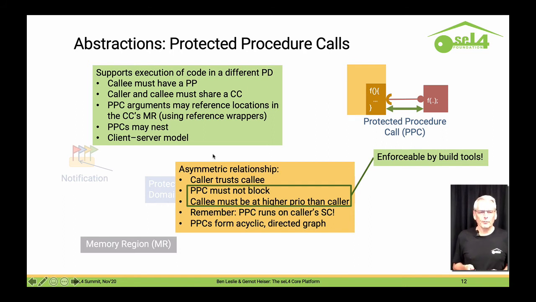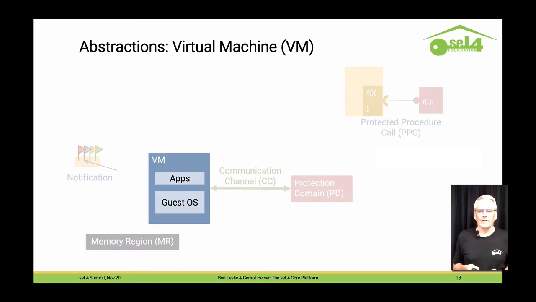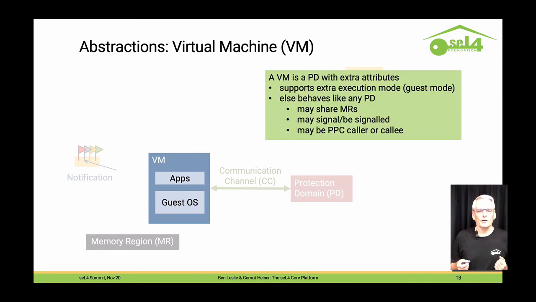There is still a half abstraction to come, and that's virtual machines. I call this a half abstraction because a virtual machine in the core platform model is nothing but a protection domain with some extra attributes. So in every respect, in terms of the other protection domains, this behaves just like a protection domain.